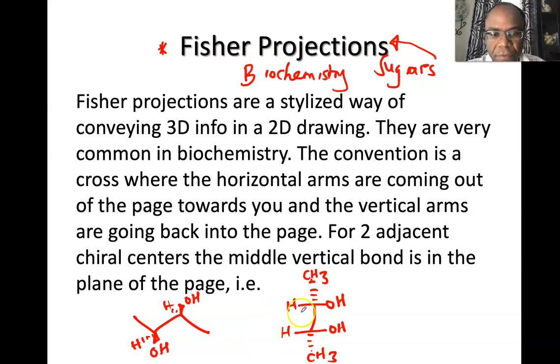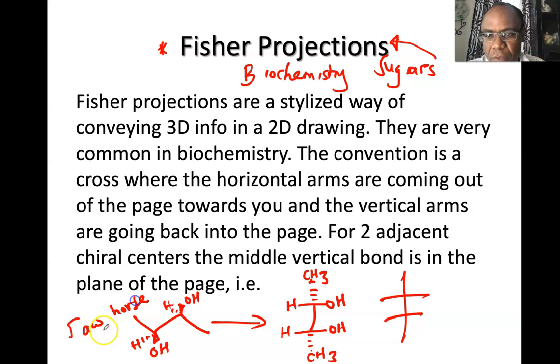Okay, so this is just an example to show you that Fischer projections will be drawn using vertical and horizontal lines. It's just a translation of what we call the sawhorse drawing or projection to what we call the Fischer, which uses horizontal and vertical lines.